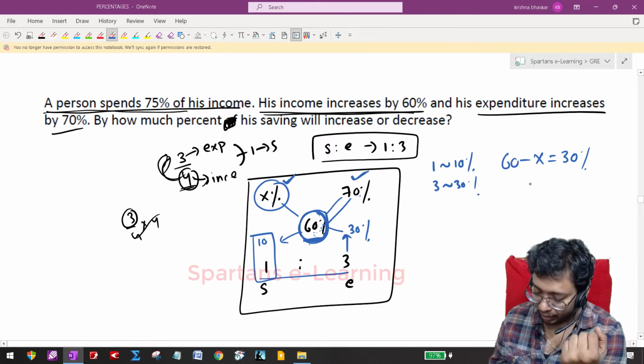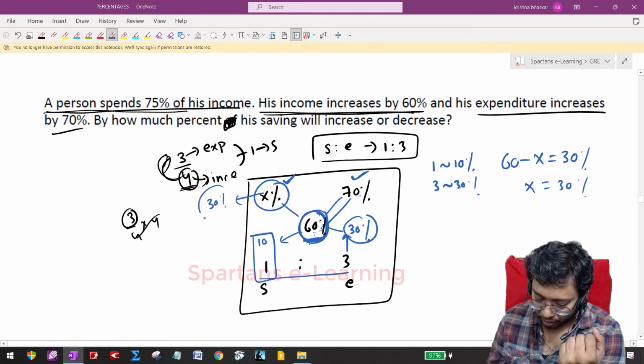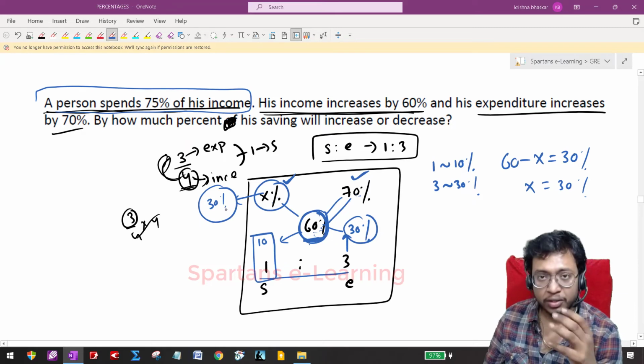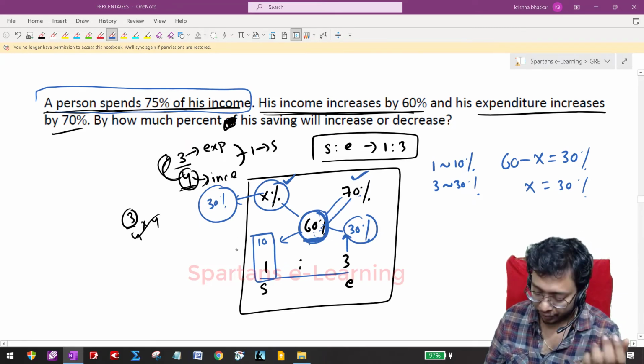So your X is nothing but 30%. This 30% is a positive value, right? So there is an increase of savings by 30%. That's it.